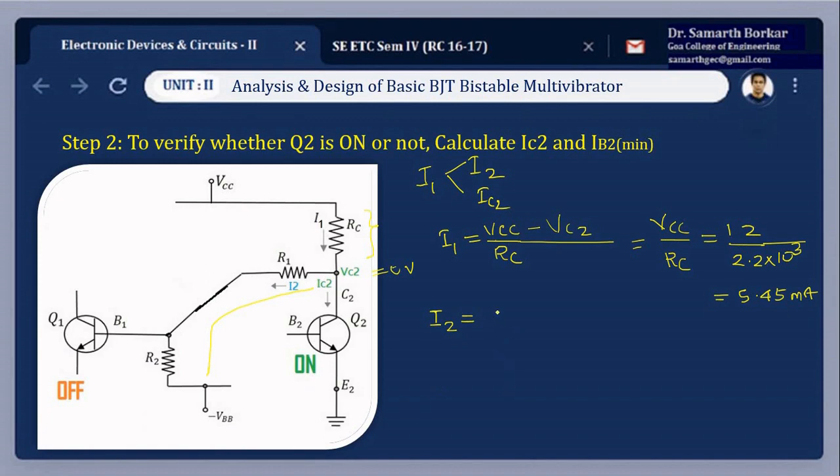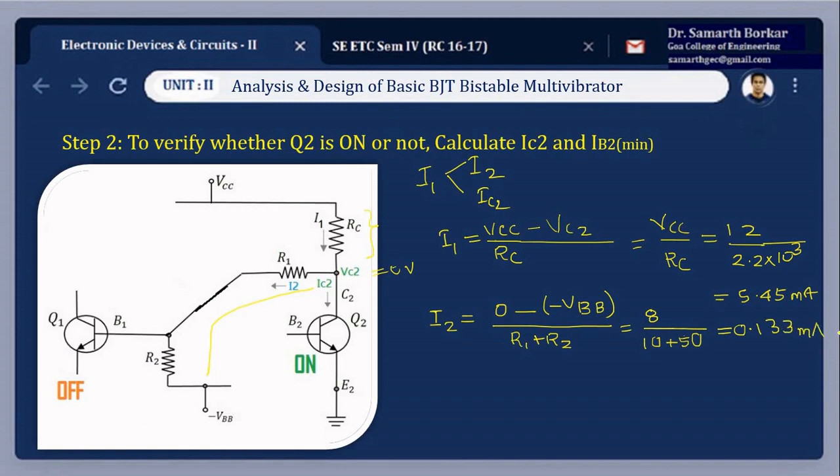So I2 will be 0, that is VC2, minus of minus VBB, the other end for conventional flow of current, divided by R1 plus R2. Substituting the values, VBB is minus 8, so minus of minus is plus 8, divided by 10 plus 50.